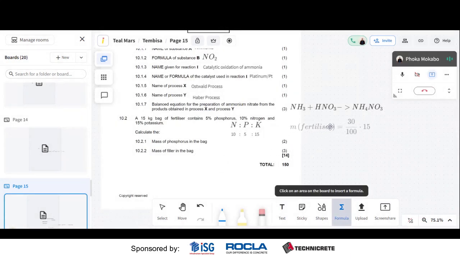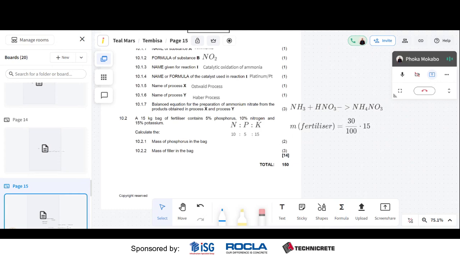It's a 15 kg bag, and the phosphorus makes up that much of what we're looking at.